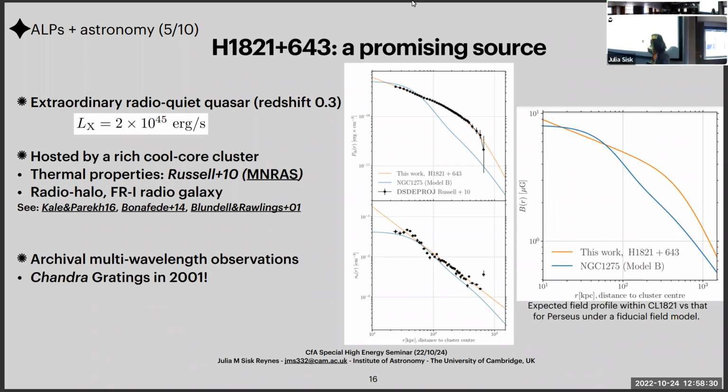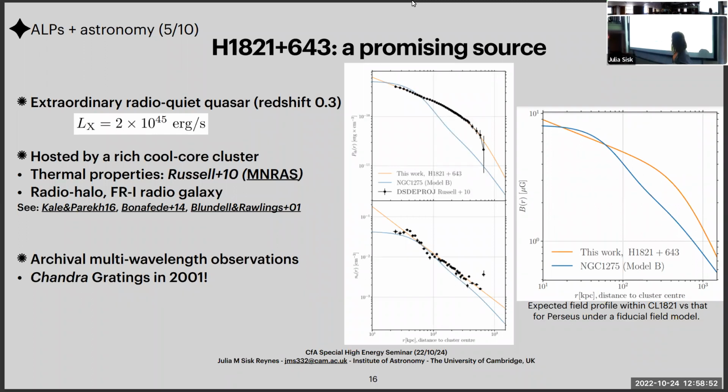And it turns out that this object is particularly interesting because it has been associated with sources of radio emission, in particular a radio halo and an FR type 1 radio structure, which we were able to use so as to double check the assumptions that we made on the magnetic field.